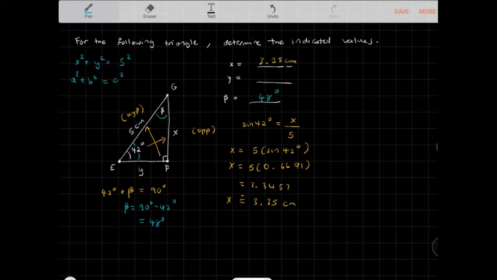And in this case, we already solved for x. So 3.35 squared plus y squared, which we were trying to solve here, is equal to 5 squared. So y squared is equal to 5 squared minus 3.35 squared. And if I calculate this, I get 25 minus 3.35 squared.